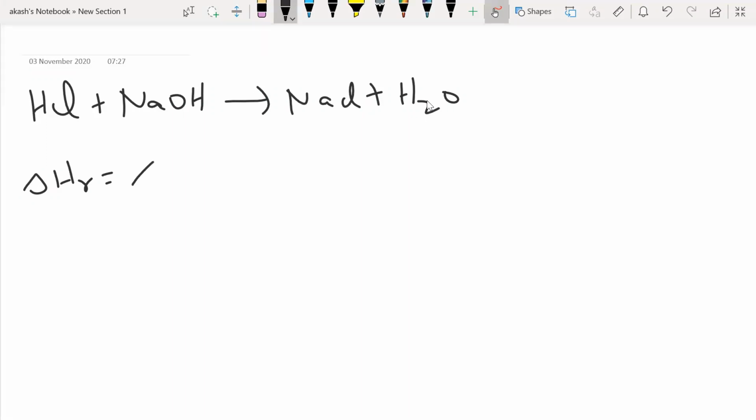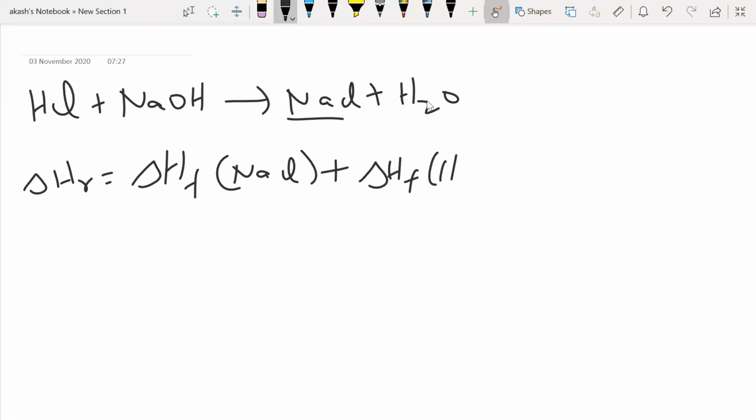So how will I write it? This is equal to delta HF of what is there in the product side. First is NaCl plus, now I have to sum up all the products' enthalpy of formation. So NaCl is done, so plus enthalpy of formation of H2O. Now products are done.